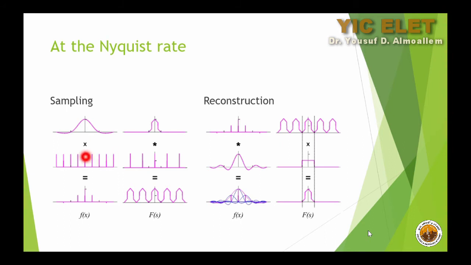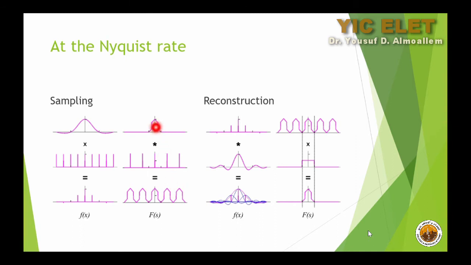The more we sample here, the farther away from each other they are there, and the less we have here. So if there is a higher number of samples here, we will get fewer impulses here, and therefore these impulses will be separated more. Once this is separated, these shapes will be separated.